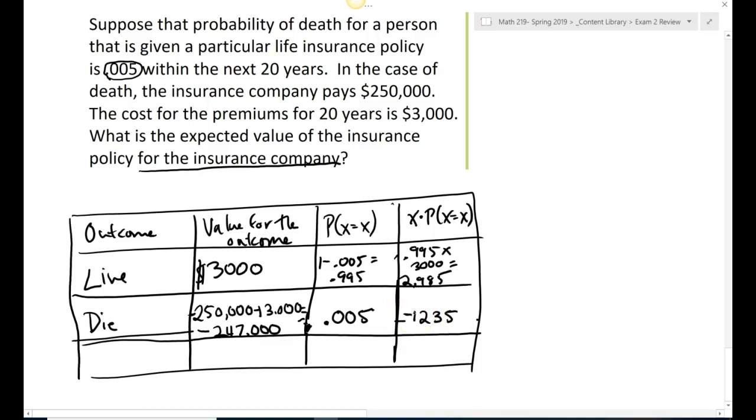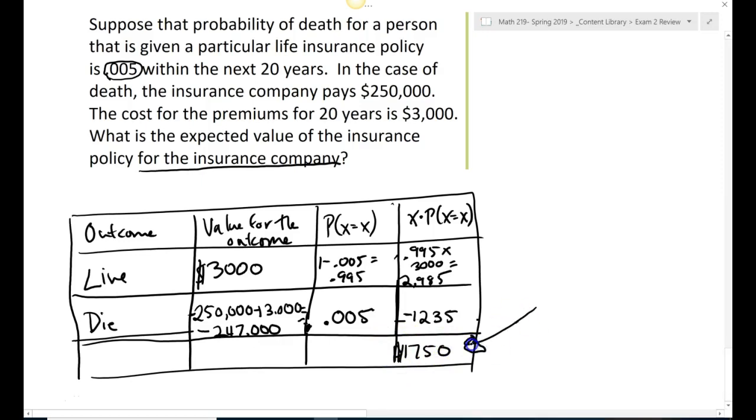And then all we have to do is add those two together. So we've got 2,985 minus 1,235, and that's $1,750. And notice it's positive, right?